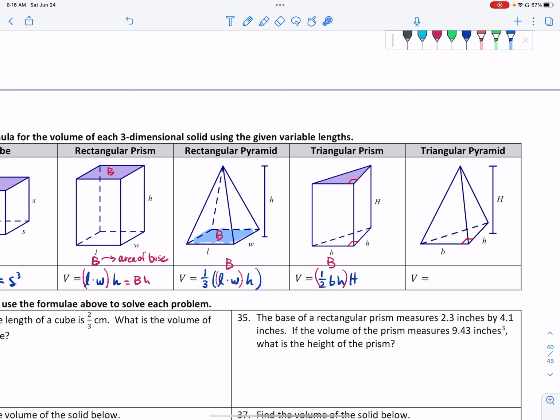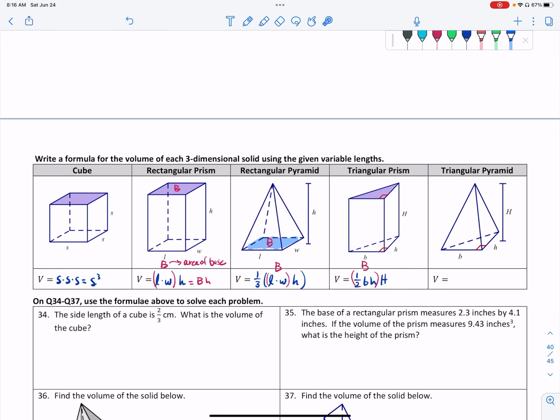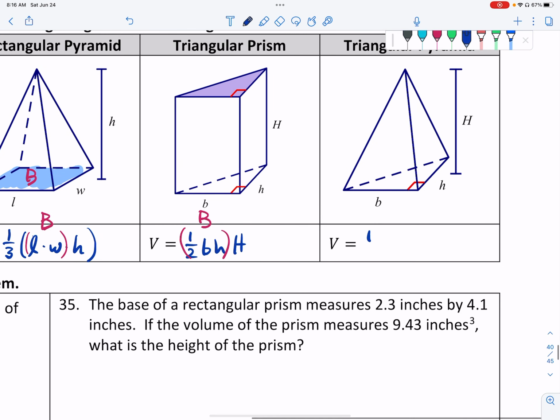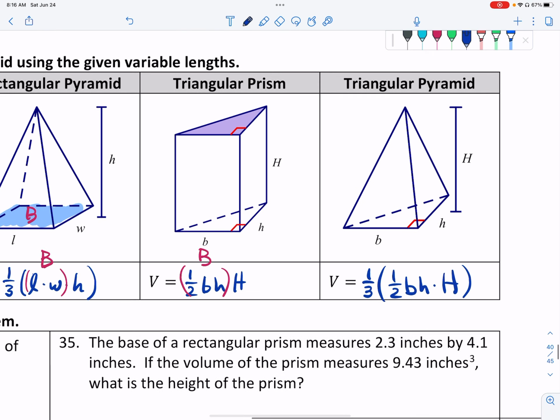So a triangular pyramid is very similar to this rectangular pyramid, in that we need a third, 1/3 of basically what we have right here. So its formula is going to look like this: 1/3 of the 1/2 base times height, there's the area of the triangular base, and then multiplied times the height of that whole entire pyramid.